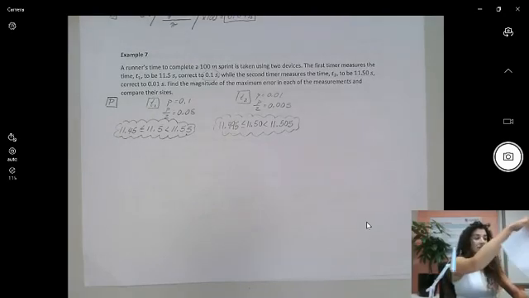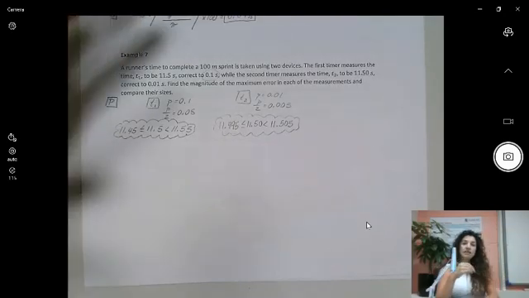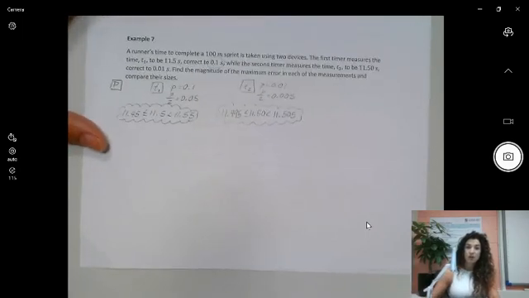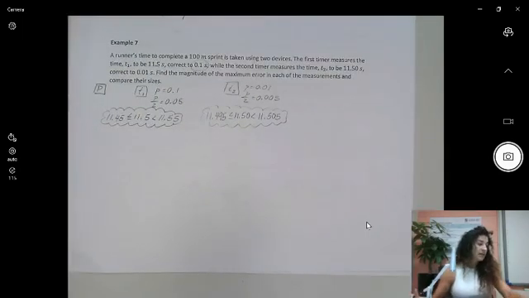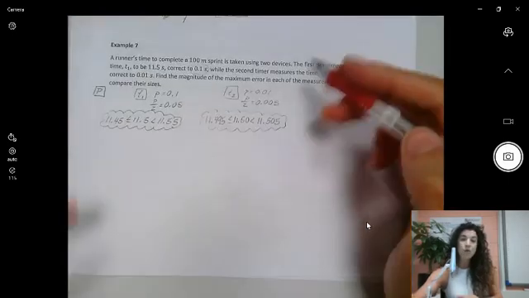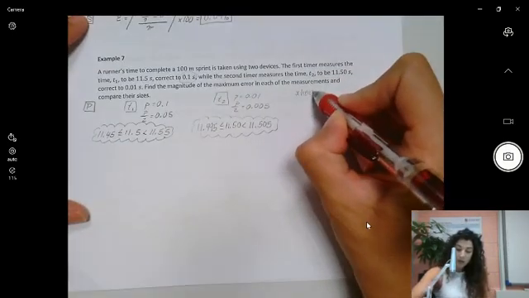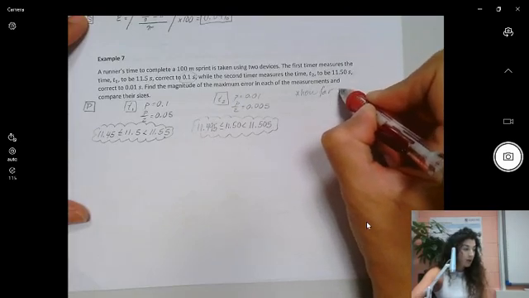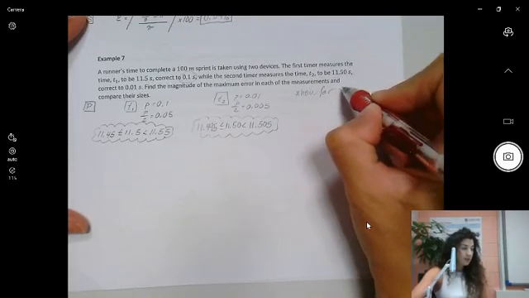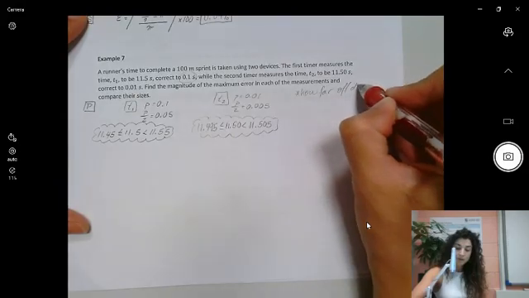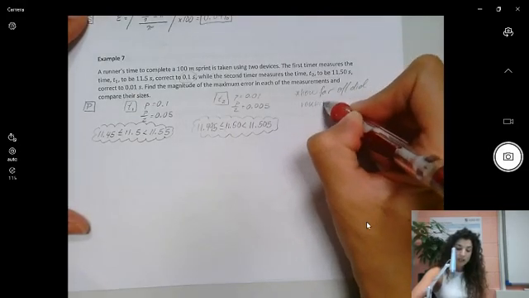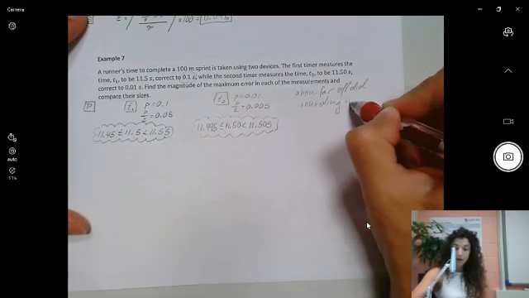Well, the reason why there might be an error is because our rounding has created some sort of error here. So we want to realize that the magnitude of error is how far off did this rounding make us go?